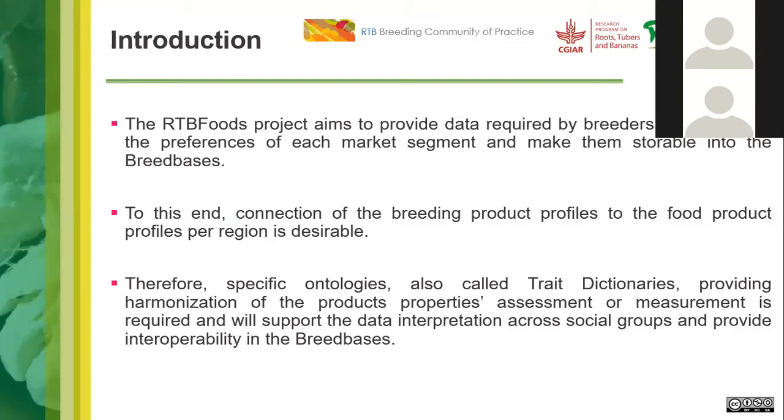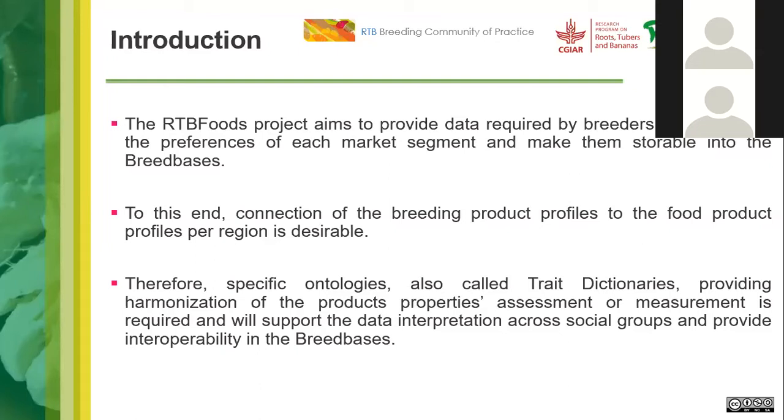Different crops, for example cassava, are preferred in different ways in different regions. So that's why we have to attach a food product to a particular region or country.